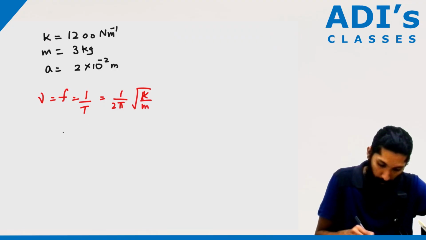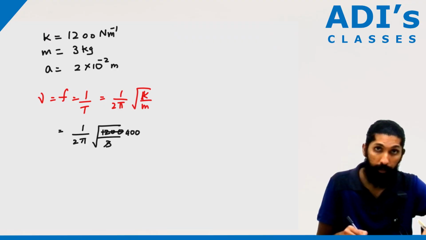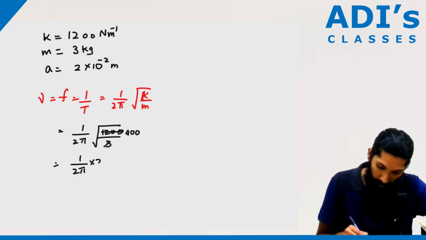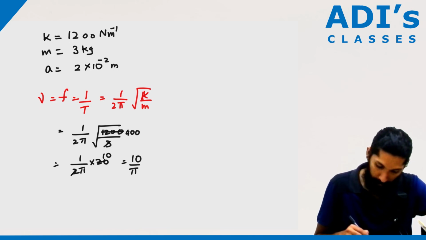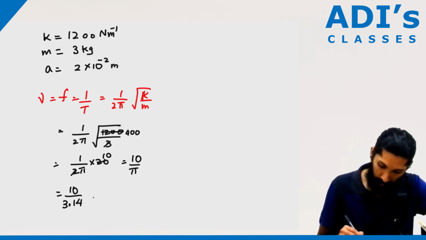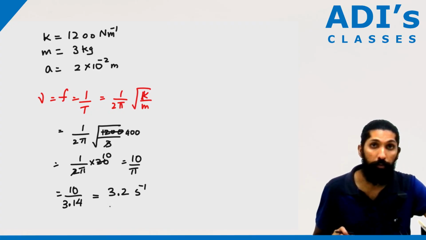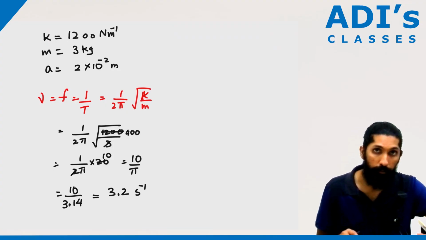You have 1 by 2 pi into root of 1200 divided by 3, which is 400. And root of 400 is 20. So you have 1 by 2 pi into 20, or 10 divided by pi. If you take pi as 3.14, we have 10 by 3.14, which is approximately 3.2 per second or 3.2 hertz. This is the first part of the question, the frequency part.